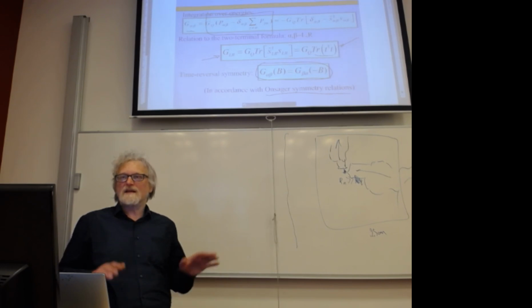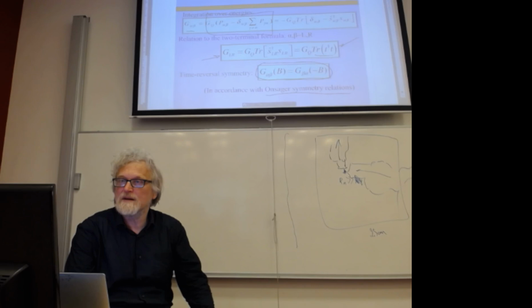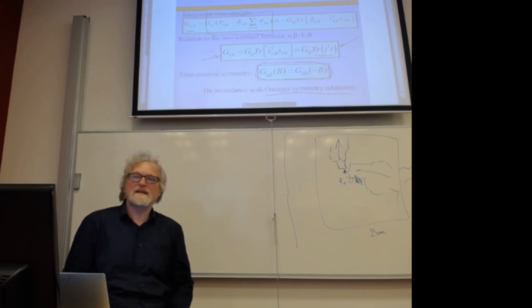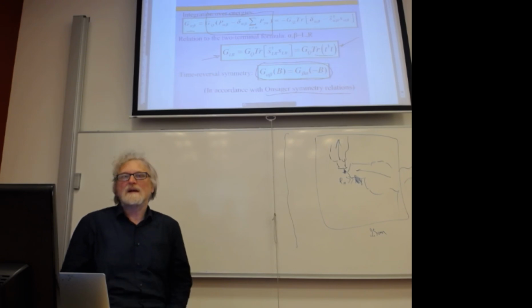It's a general thermodynamic relation. We prove it from properties of the scattering matrix. So the conductance matrix at zero magnetic field must be symmetric. If a magnetic field is applied, it doesn't have to be. The Hall effect is an example of it.